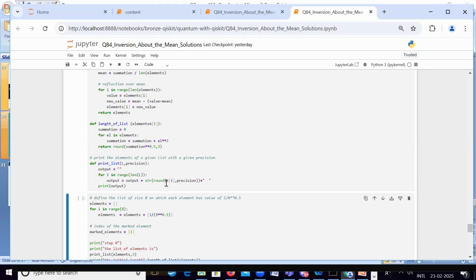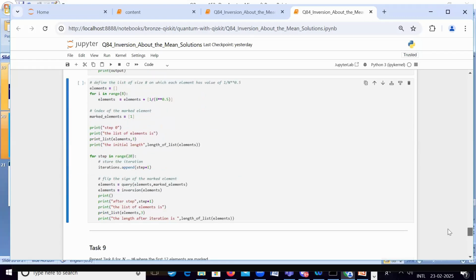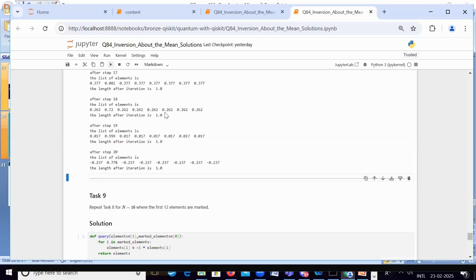Here, unless it is been called in another function, we are not going to see the outcome. So the next one, it is directly over the for loop. It is iterating. Now for every one, the length is 1. That means it has preserved the length of the elements.